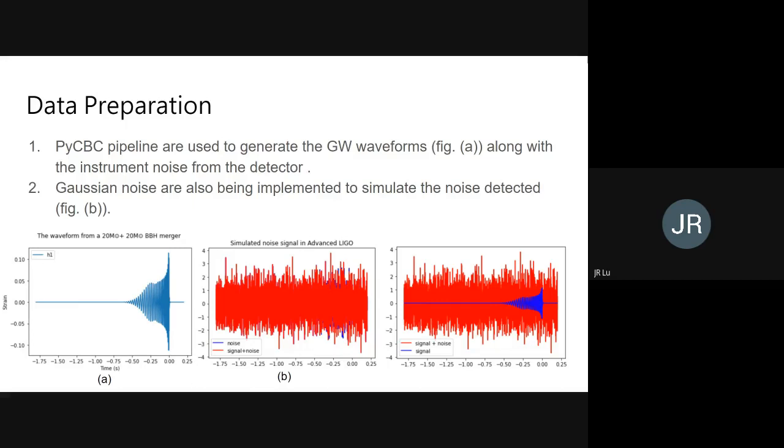First, we will apply the PyCBC pipeline to generate the waveform as shown in figure A. Second, we simulate the instrument noise of the LIGO detector as shown in figure B. Then figure B is the sum of the instrument noise and the Gaussian noise, the sum of the two noises.